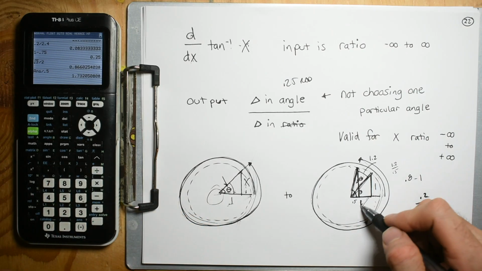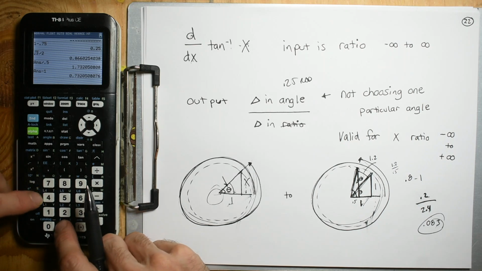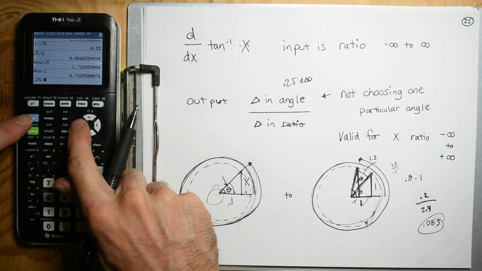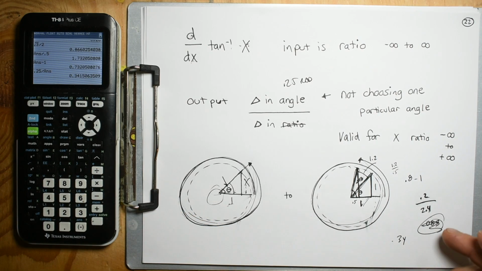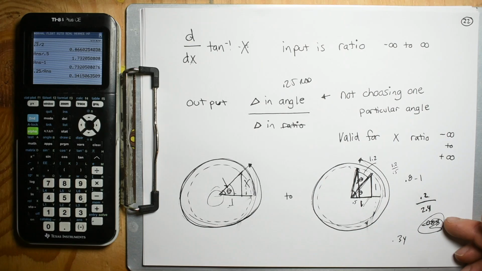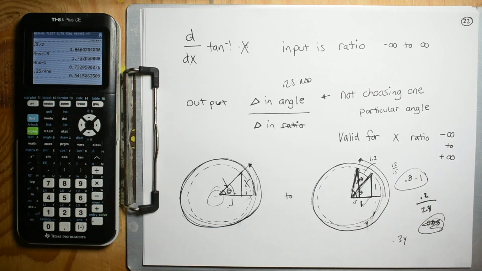So we're going to have 0.25 divided by that, and that's 0.34. I don't know what I did right there.